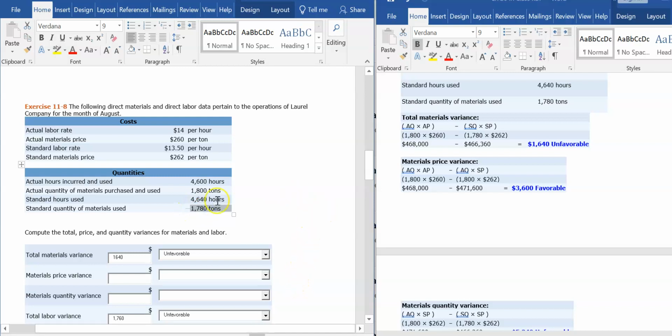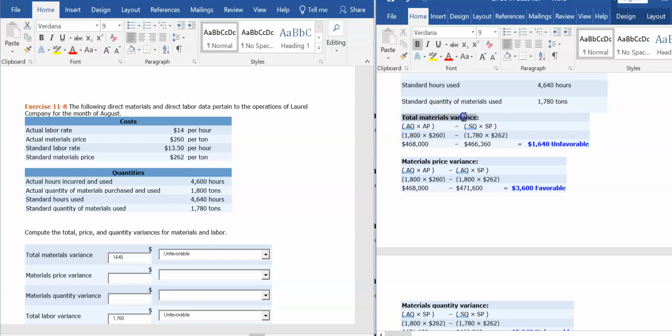In order to compute the price and quantity variances for both materials and labor, essentially what we're going to be looking at is formulas. To calculate the total materials variance: a variance can be caused by one of two things.